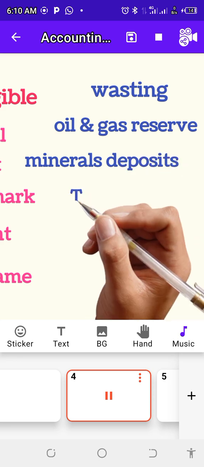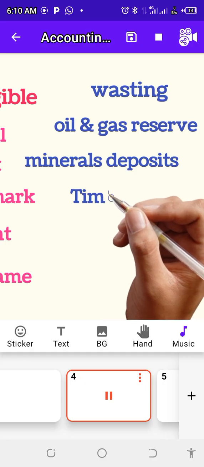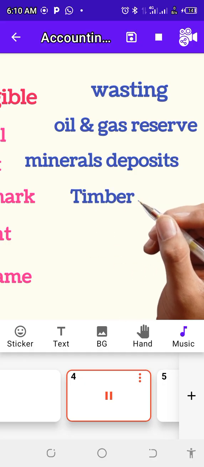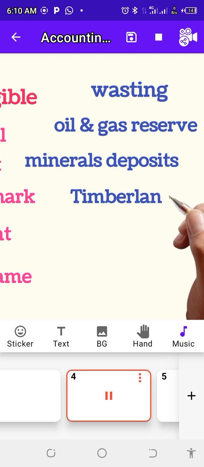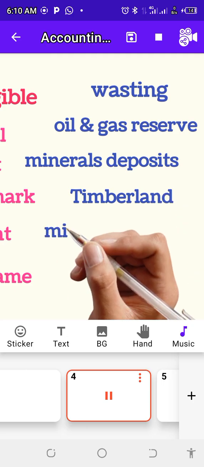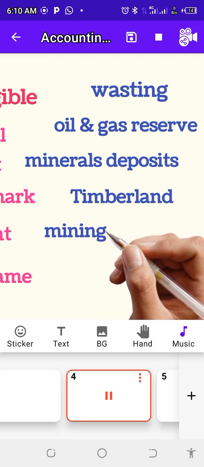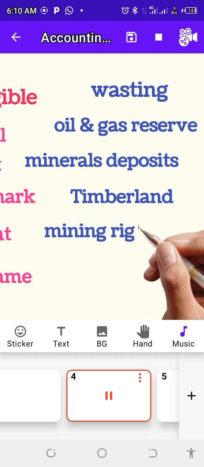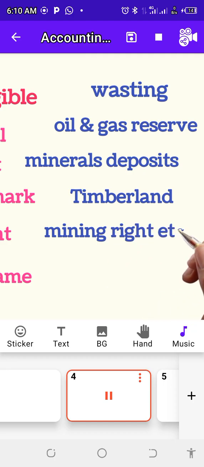Then timberland. There are mining rights, and etc.